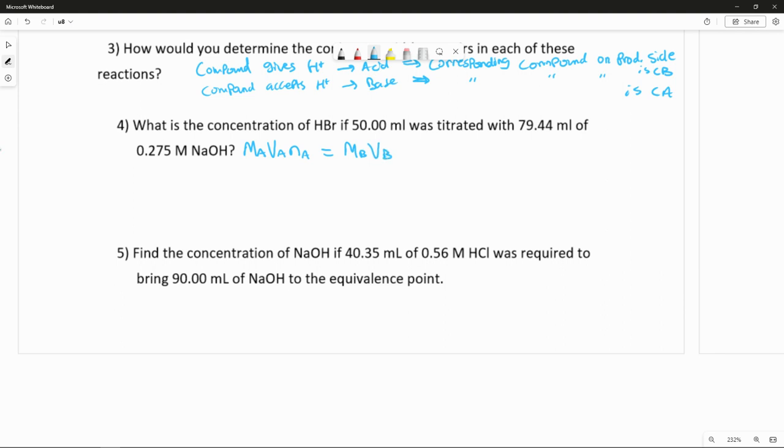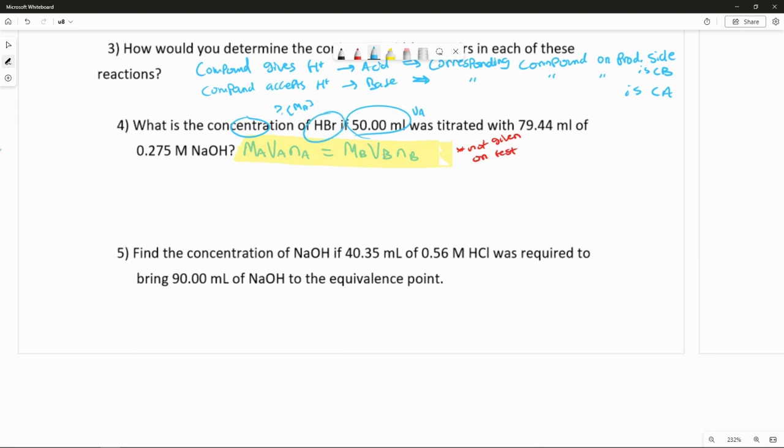MbVbNb. This is a good thing to memorize, because it's not given on the test. All right, so we can go ahead and solve this. 50 milliliters of the acid is going to be the volume of the acid, and it's asking for the concentration of the acid, so that is going to be Ma.